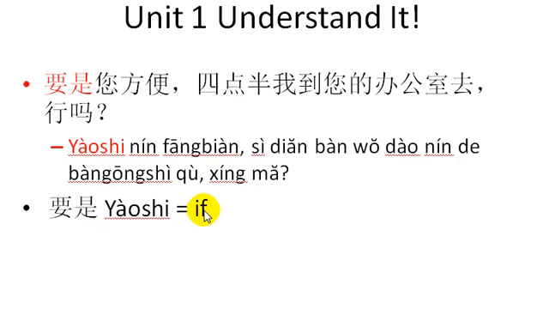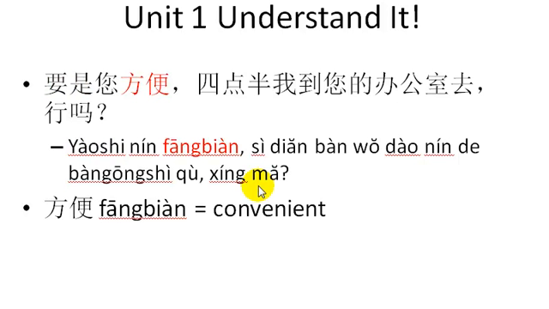It's a word. It sets up a conditional, kind of like a conditional statement. 要是您方便, so if 常老师 is 方便. So what is 方便? 方便 means convenient.